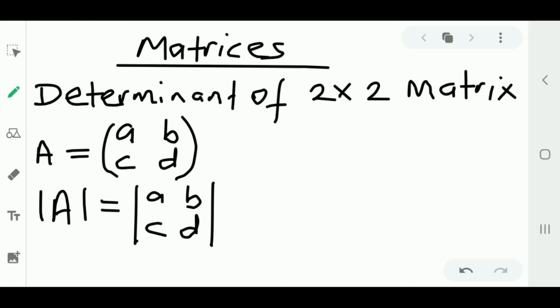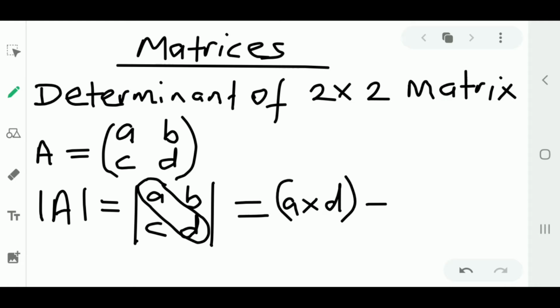How we find the determinant is we take the leading diagonal. So the leading diagonal is this way. So it is A times D minus this diagonal here, which is B times C.